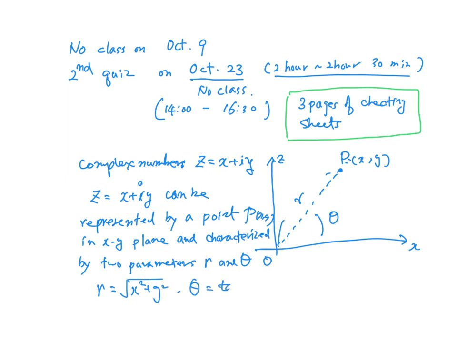Theta is the arctangent of y over x. So this is x, this is y.